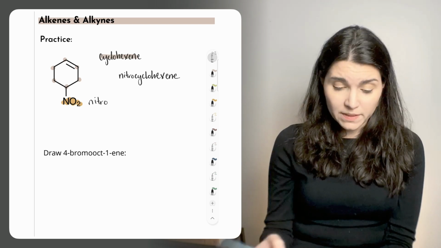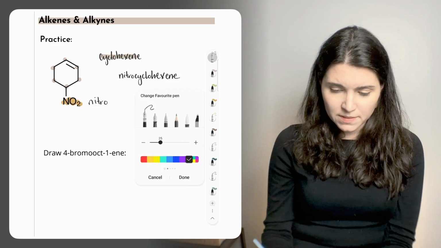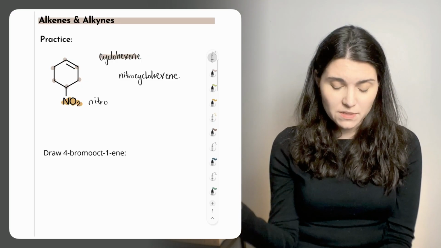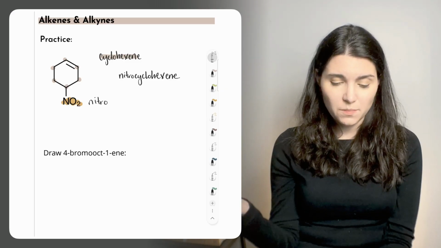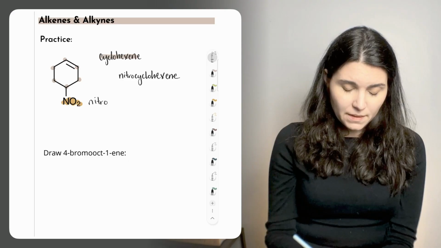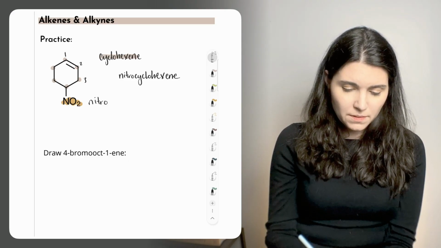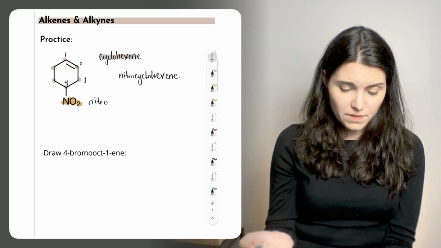And finally, we're going to number this structure and give locants. And so remember, in rings, since there aren't ends, we get to decide which carbon has the number 1. We're going to prioritize the double bond. So if we number it here as number 1, then we'd have 2, 3, and 4 for the nitro.